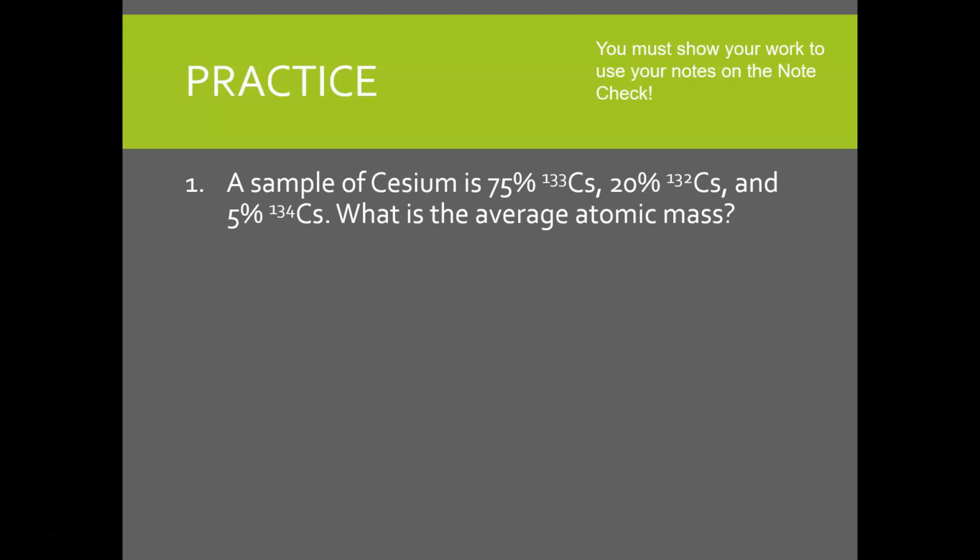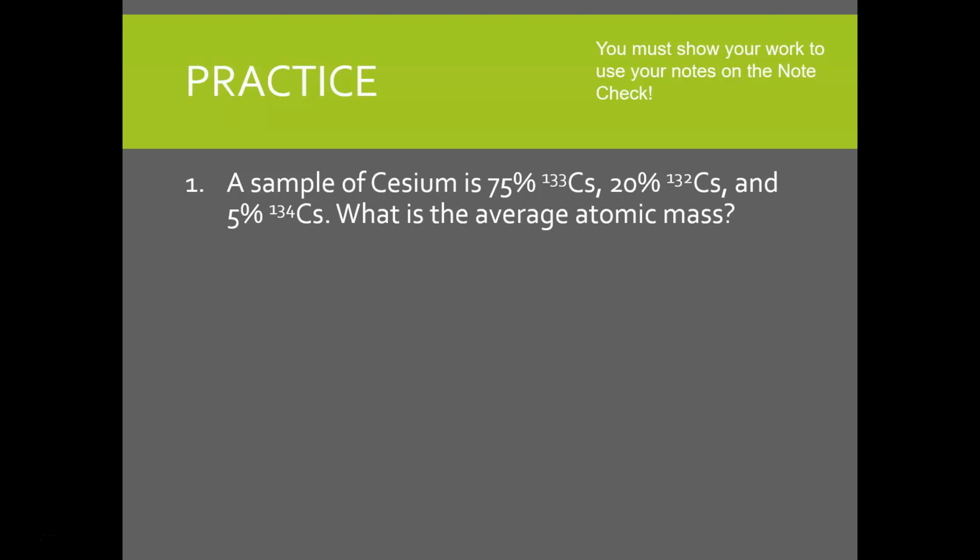All right, so we have a sample of cesium that is 75% cesium-133, 20% cesium-132, and 5% cesium-134. What is the average atomic mass? If you need to, rewind to the previous slide, follow those steps, and come back when you have the mass.